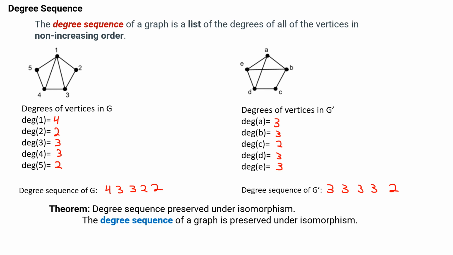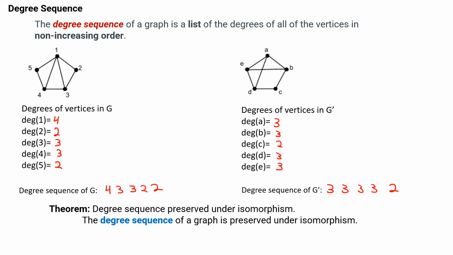Okay, so in all of these, just note that we're using these properties to rule out isomorphism. We can't use the properties to say that they are isomorphic. I can't just take two graphs with the same number of vertices and say I know they're isomorphic because they have the same number of vertices.